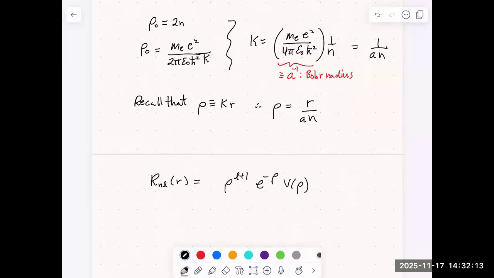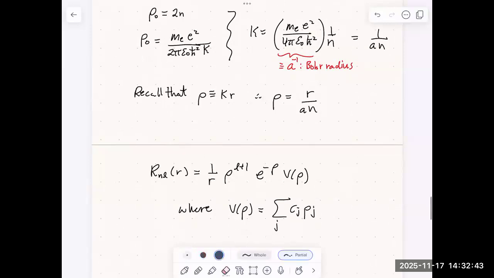And then R we got by multiplying u by 1 over r. So that's our radial wave function. And so we could start putting stuff in. Rho we'll put in like this, and it'll just go in wherever we see our rhos. Where v of rho is our power series. That's not right. This is going to be a subscript, superscript.